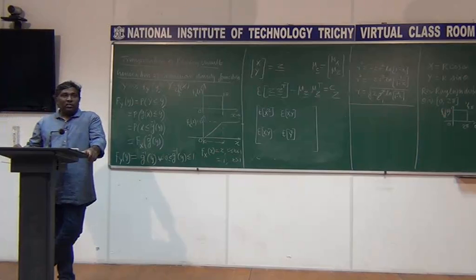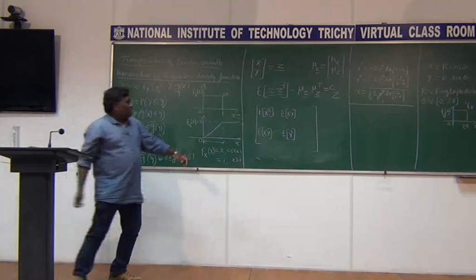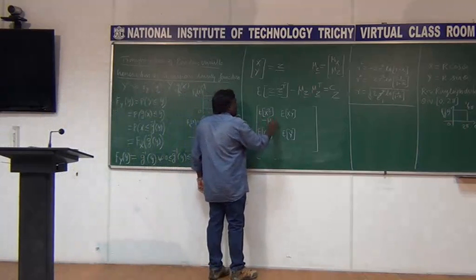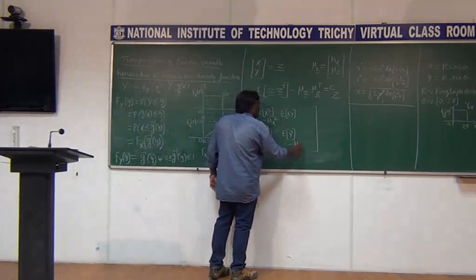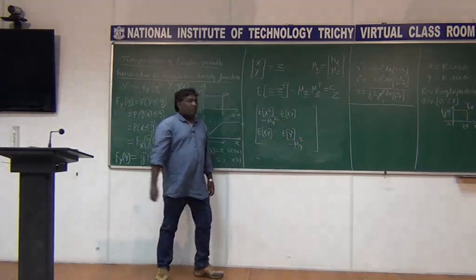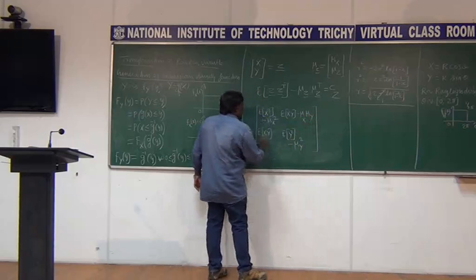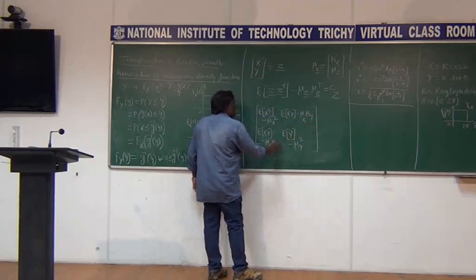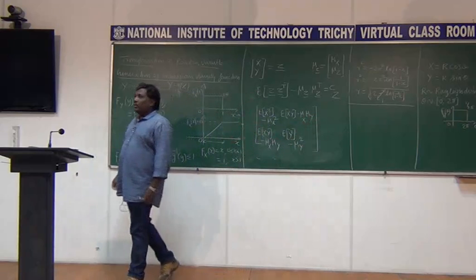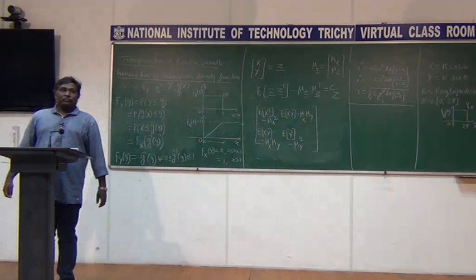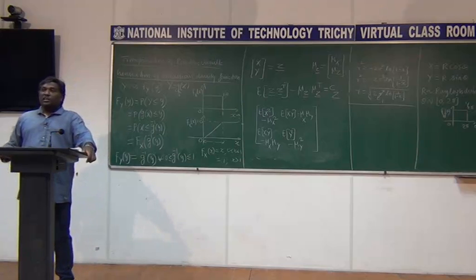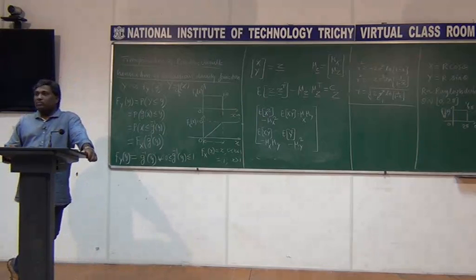Mu x square, with a minus. Here you get mu y square, and here mu x mu y, and this one is mu x mu y. This is what we call the covariance matrix: expectation of Z transpose minus mu Z transpose.